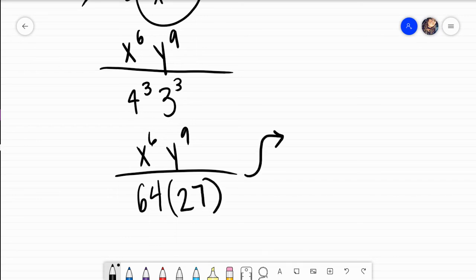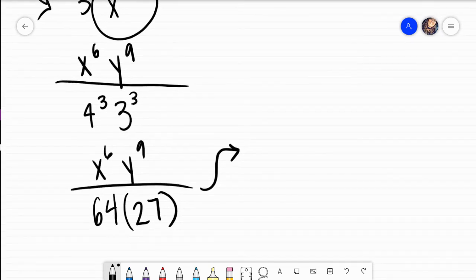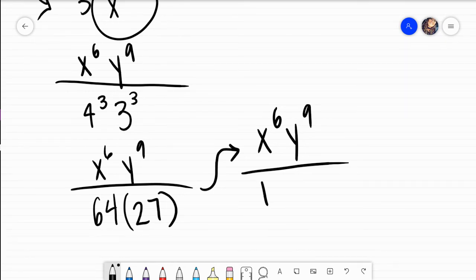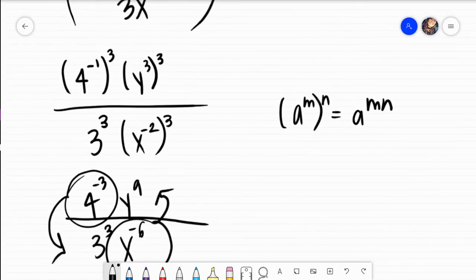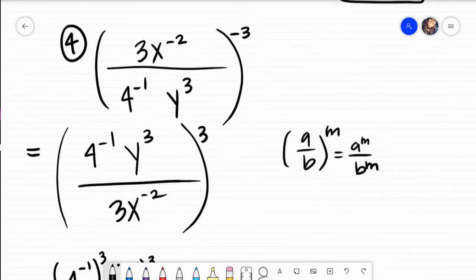Looking at my answer key, what we get is x to the 6th, y to the 9th, and if you do 64 times 27, you get 1728.